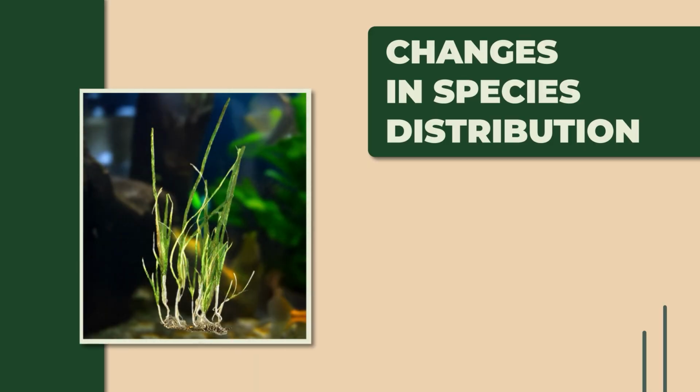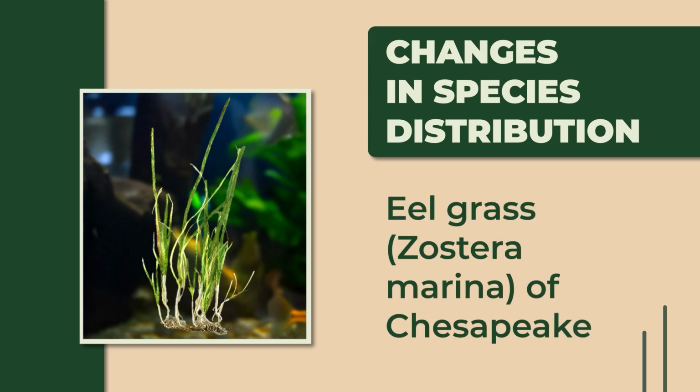In fact, this sooty copper butterfly has been observed in Estonia. Estonia is a country in the northern part of Europe. The third example of species distribution is eelgrass. Eelgrass has been observed in the northern part of North America because of the changing climatic condition.